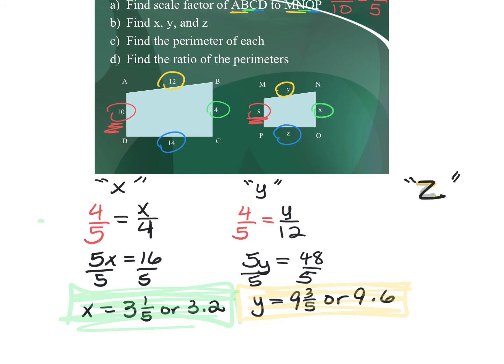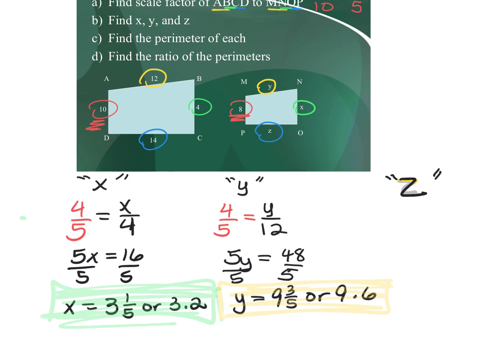And z is in blue. So again, take the scale factor, and then I'm going to do z over 14. I'm going to cross multiply. 5z equals 56. Divide by 5.